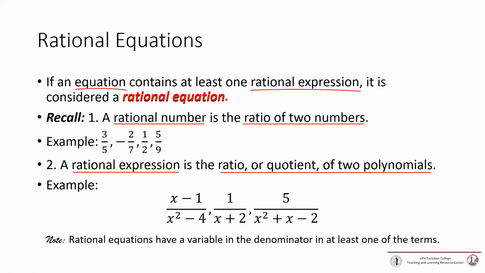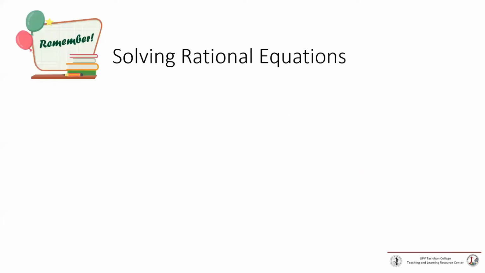For example, in the first example, x squared minus 4, in the denominator, there is a variable x, right? And in the second, 1 over x plus 2, it has a variable x. And the third, it has a variable x. So in the denominator, it has a variable in at least one of the terms.